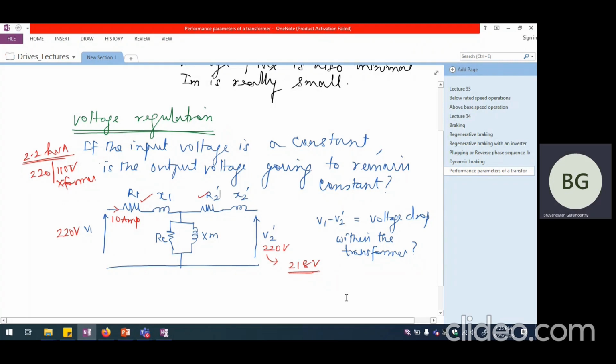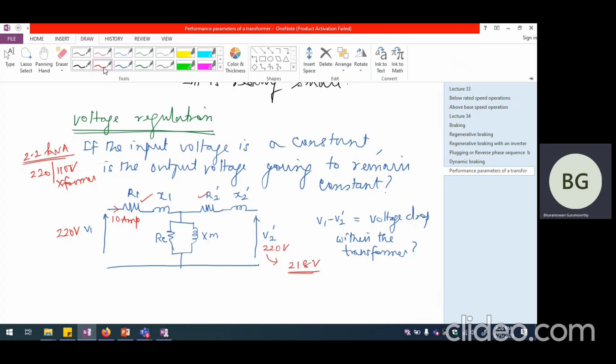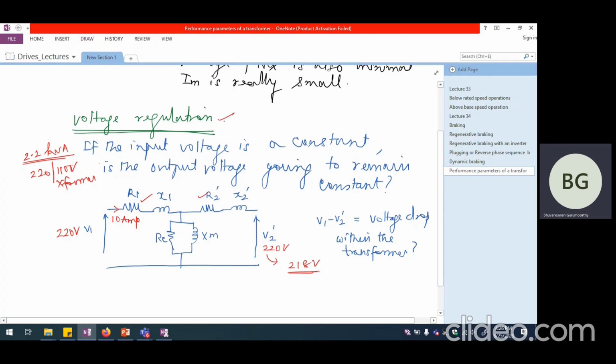Okay, so we started talking about voltage regulation in the last class. And what we said was voltage regulation basically refers to what is the voltage drop that is happening within a transformer. And within a transformer, if you look at it, the series parameters are the resistance of the primary and secondary windings, that is R1 and R2.